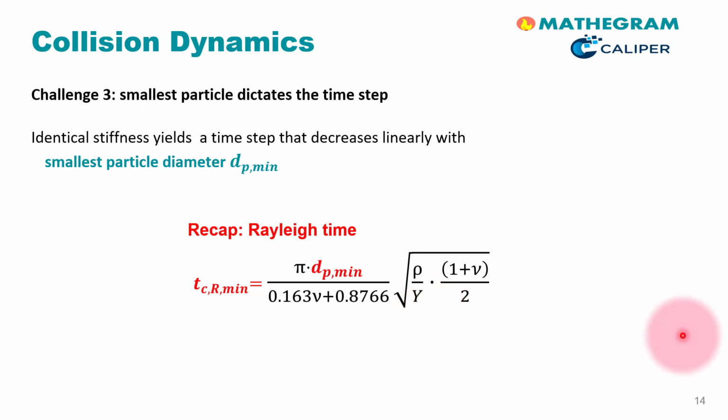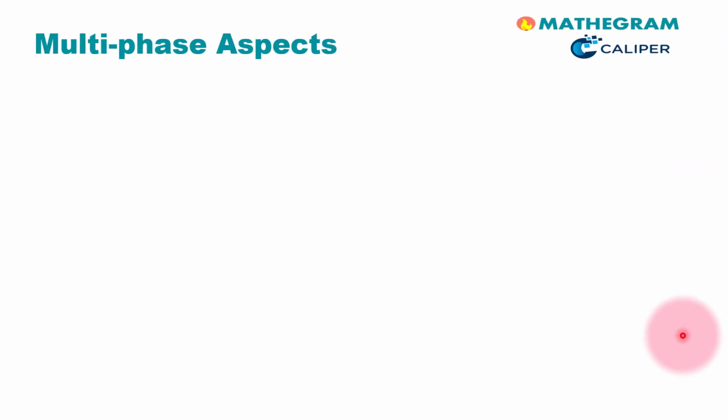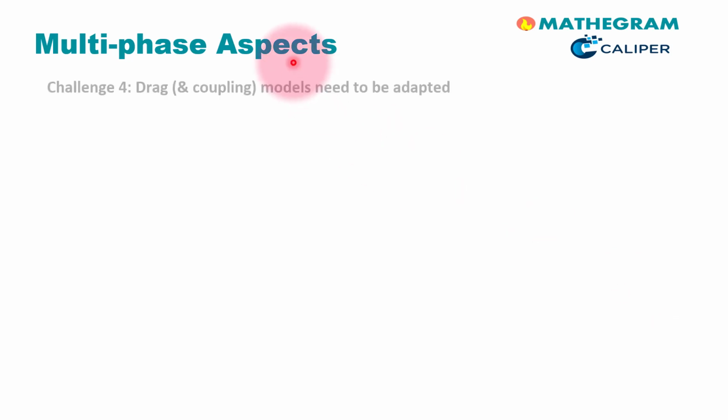We now move on to the last of our 4 challenges associated with polydispersed granular materials, and this challenge is related to multi-phase aspects. Specifically, the 4th challenge is that drag models, as well as other models that are needed to couple the phases, need to be adapted.